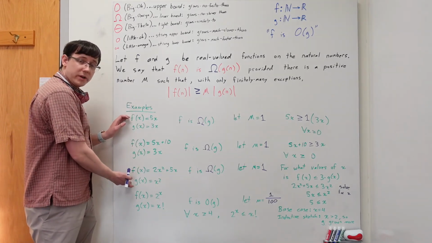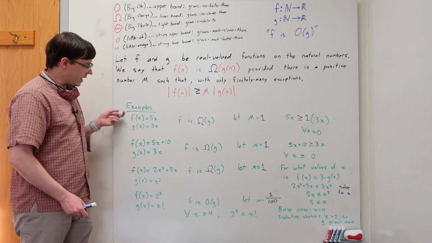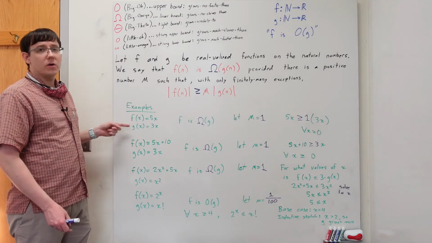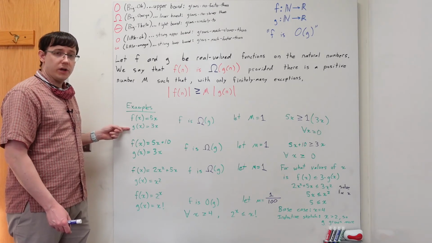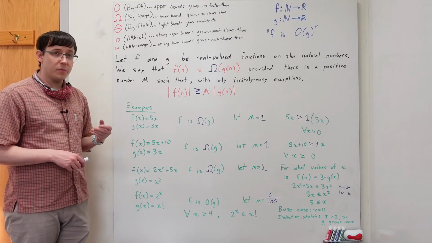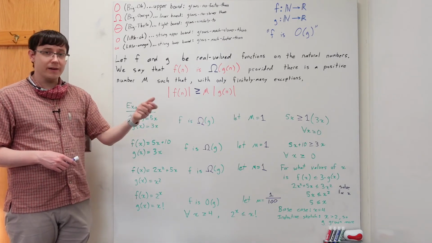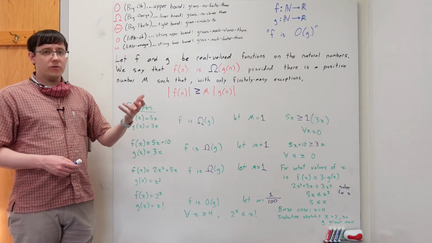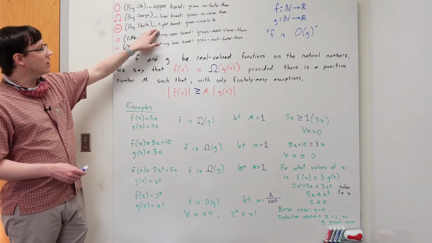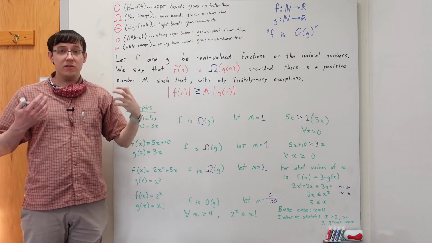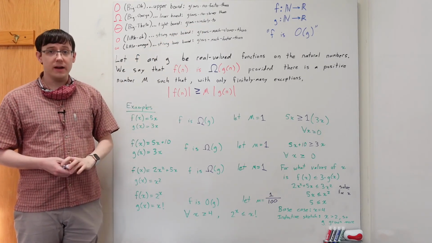For these first three examples, we saw that f was big O of g, and f was also big omega of g. And so we see that it's possible for f to both grow no faster than and grow no slower than g. And so this corresponds to our case of grows at the same rate as, and this is in fact exactly how we define big theta.